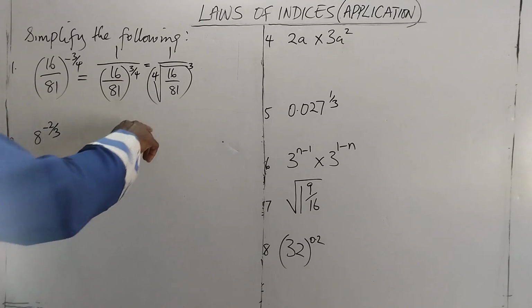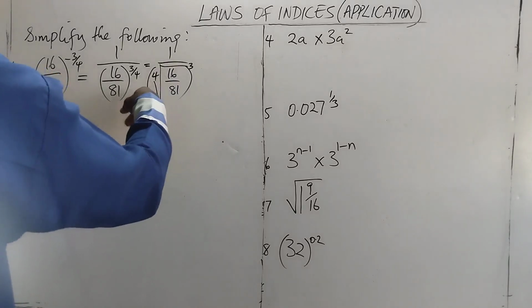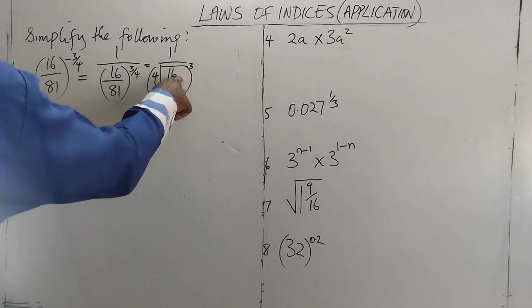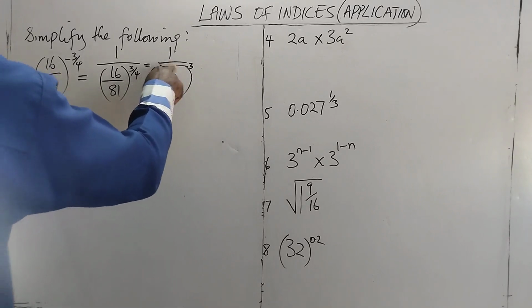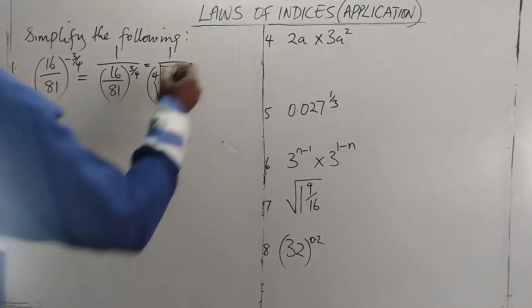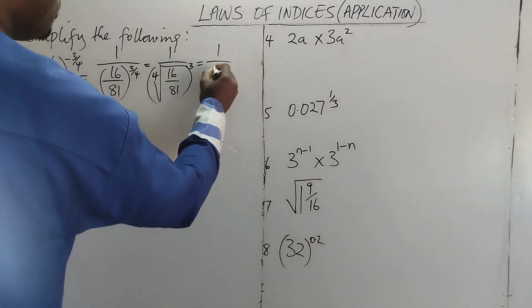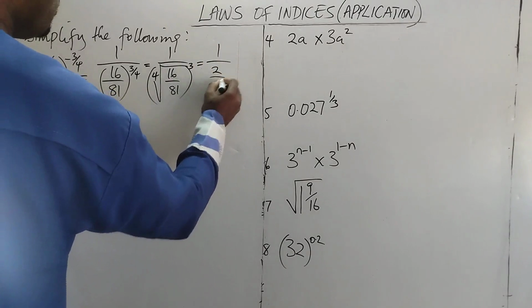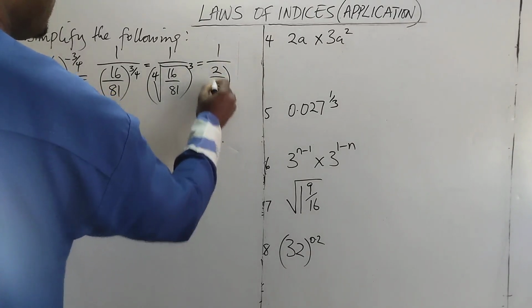Fourth root of any number means a number that when you multiply it 4 times, you will get the original number. So what is the fourth root of 16? Fourth root of 16 will give you 2, while the fourth root of 81 will give you 3.